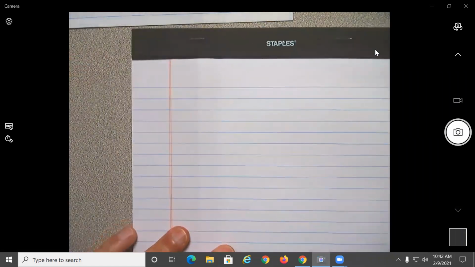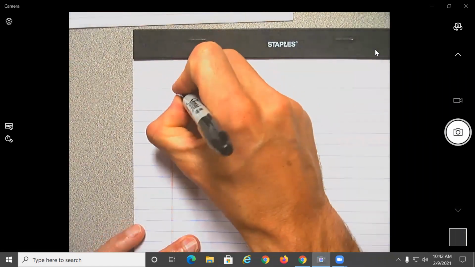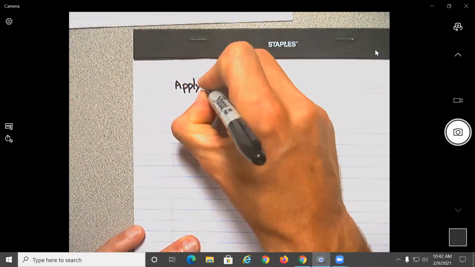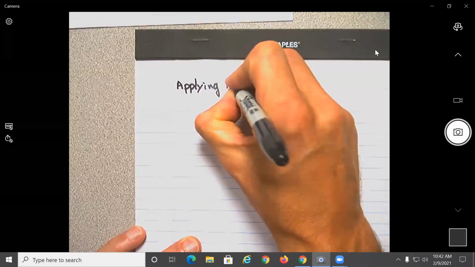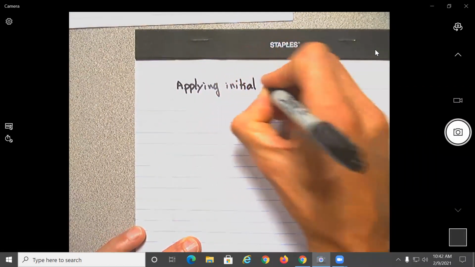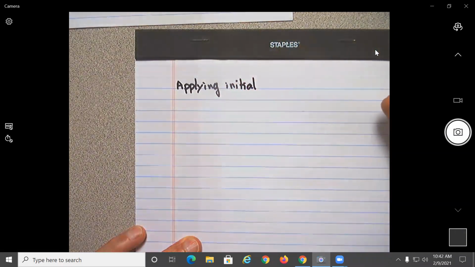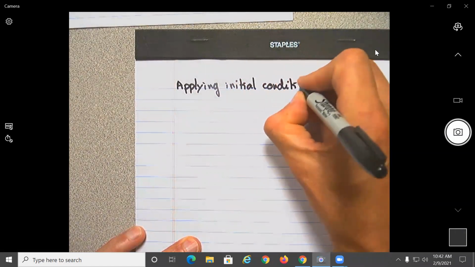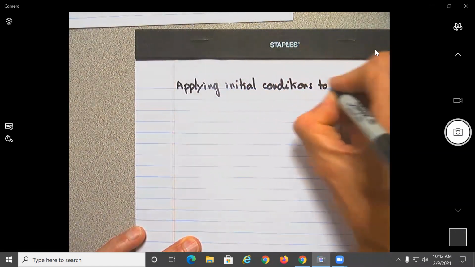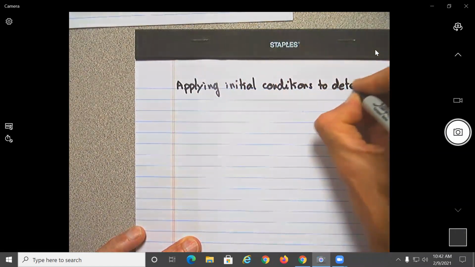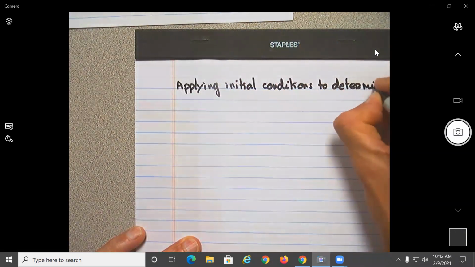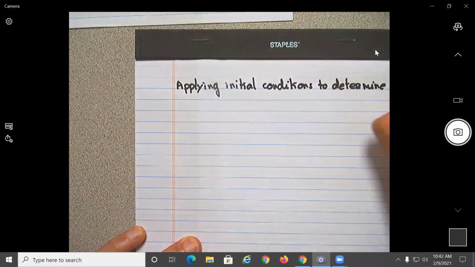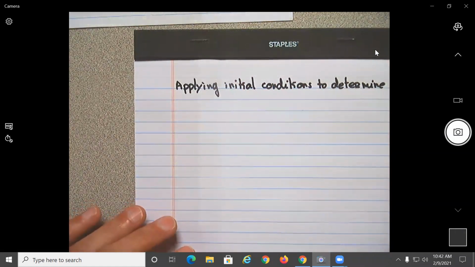So let's say applying initial conditions to determine C bar 1 and C bar 2.